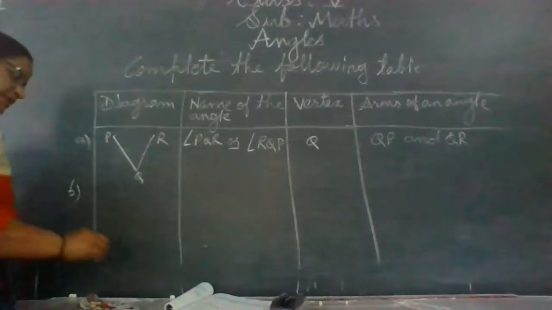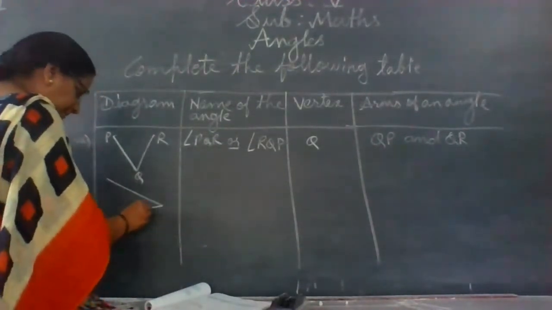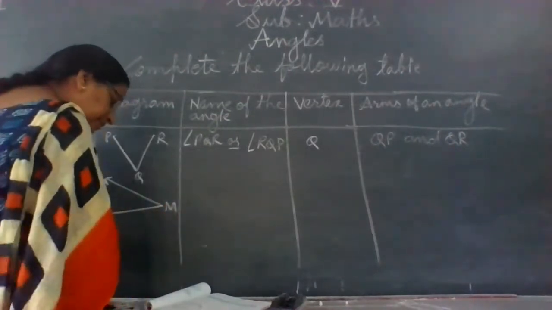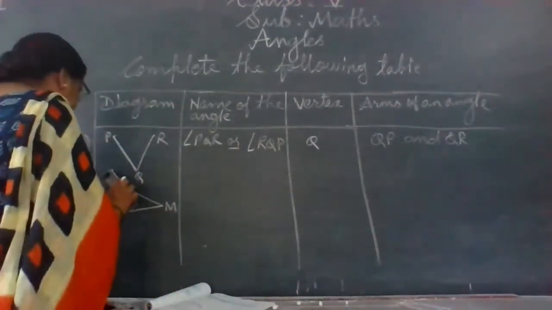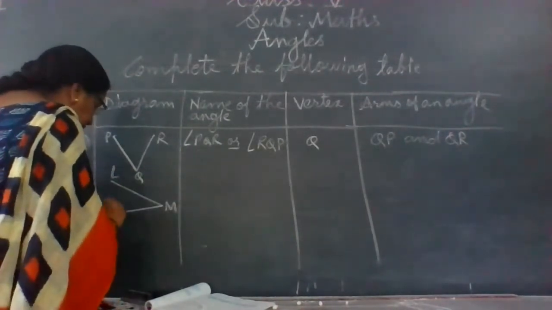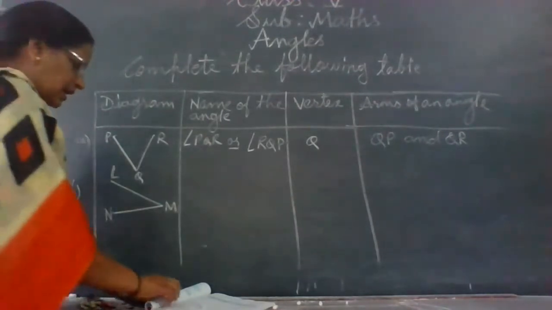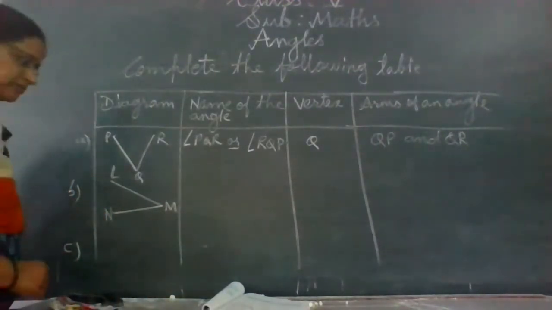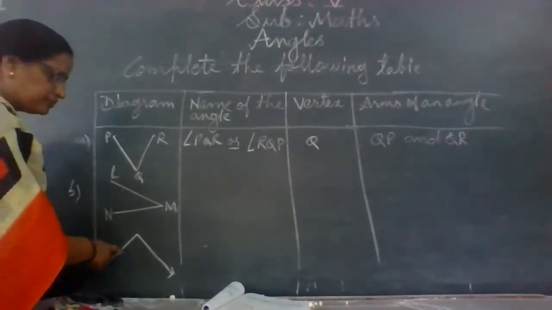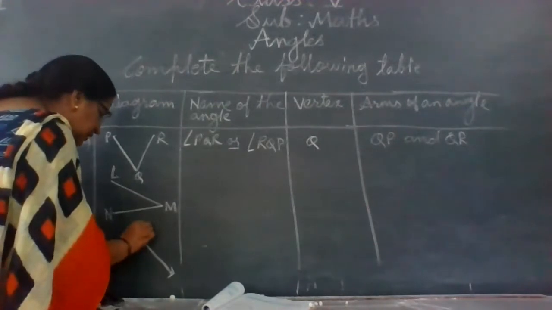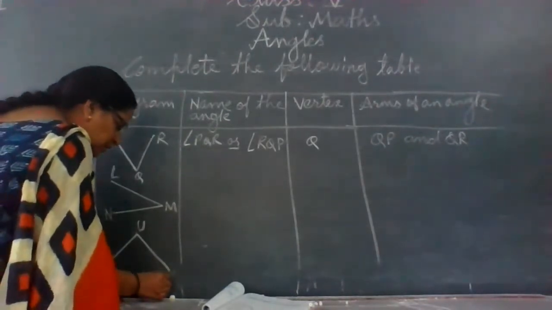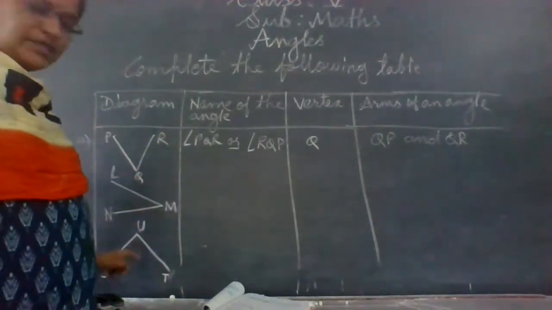In B, it is point M, it is L, and it is N. And in question C, here the angle is formed, this point is U, it is point S, and it is point T. So in the same way, you have to complete these two.